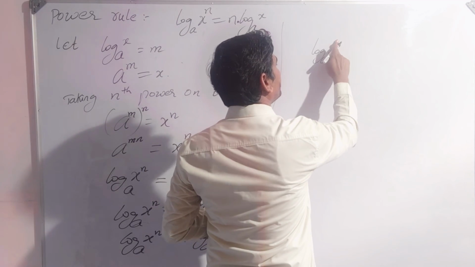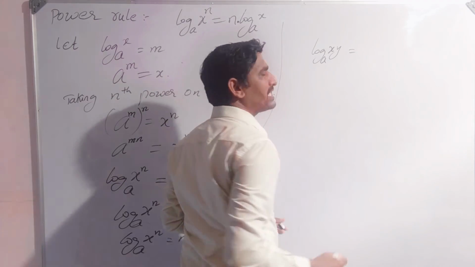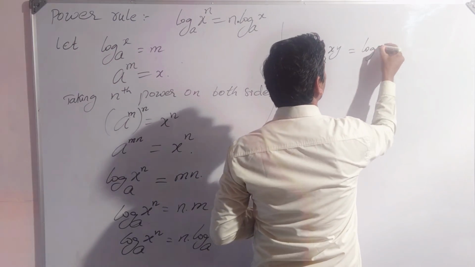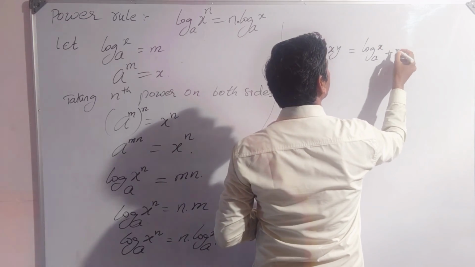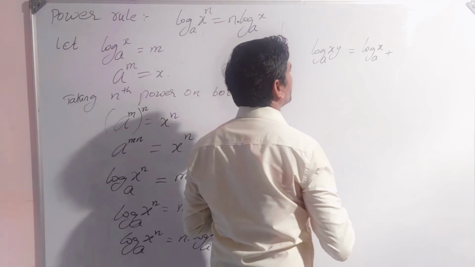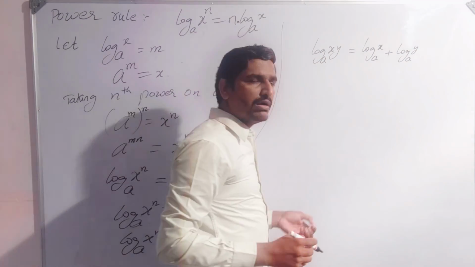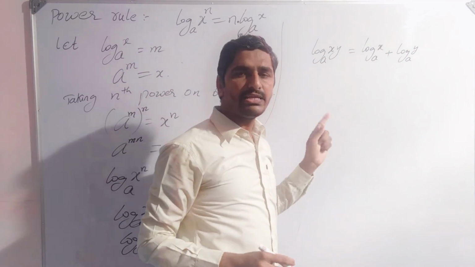For example, we have already learned that the logarithm of x into y is the logarithm of x to the base a plus the logarithm of y to the base a. For two terms in a product, we get two terms.